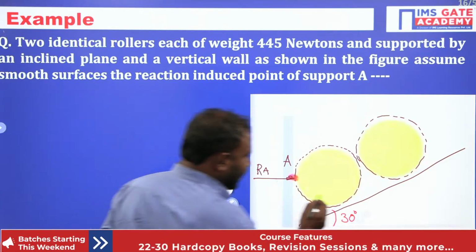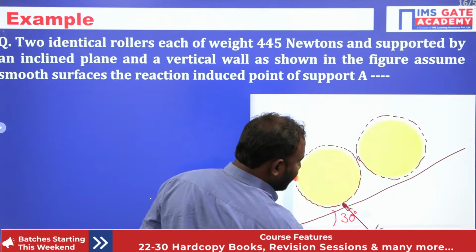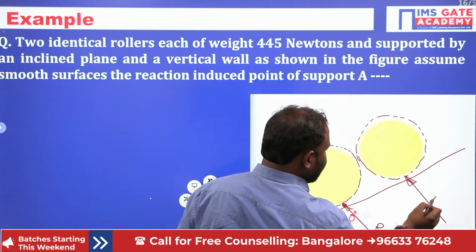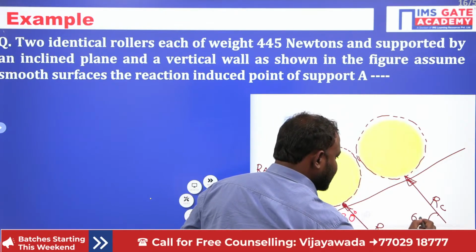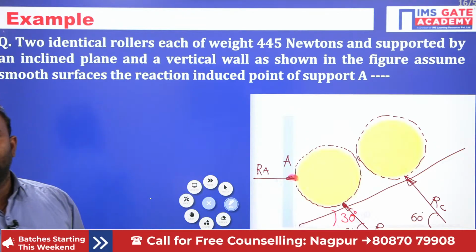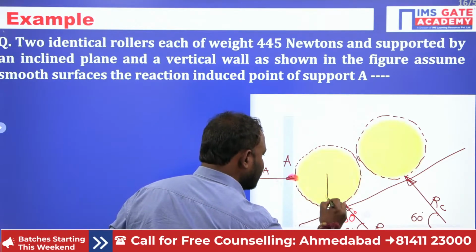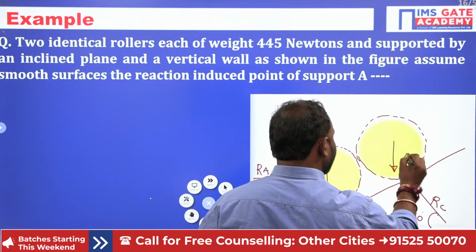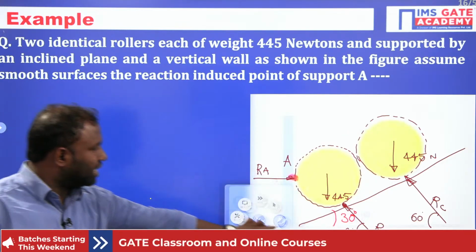Now if I take this reaction RB, and this reaction RC, it also makes an angle of 60 degrees to the horizontal, as we know. Okay. So now here its weight is 445 newtons and its weight also 445 newtons. Done it, guys. Right. Now let us see that.